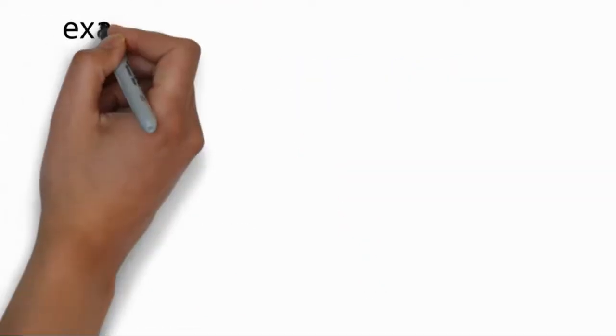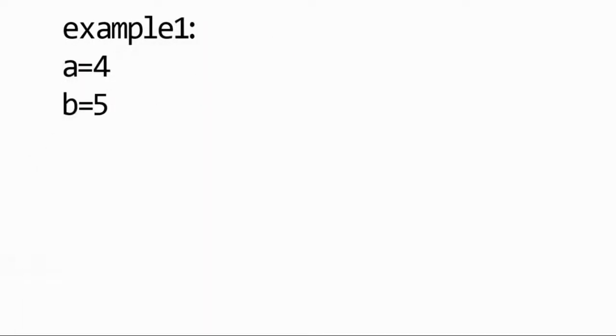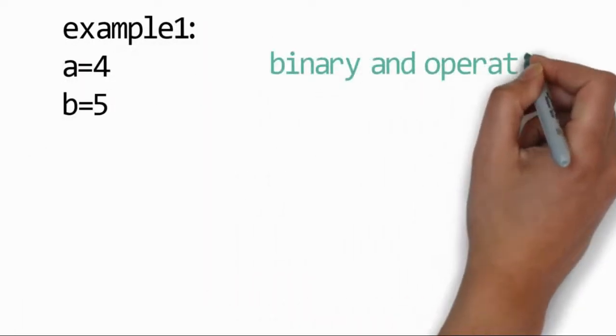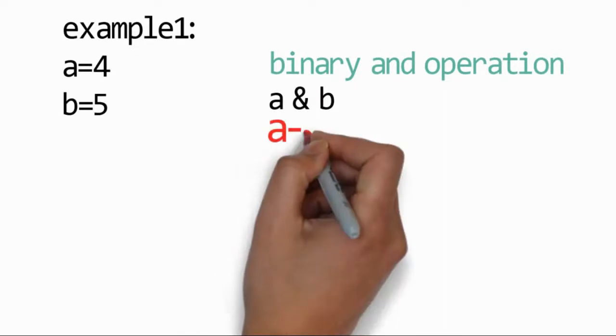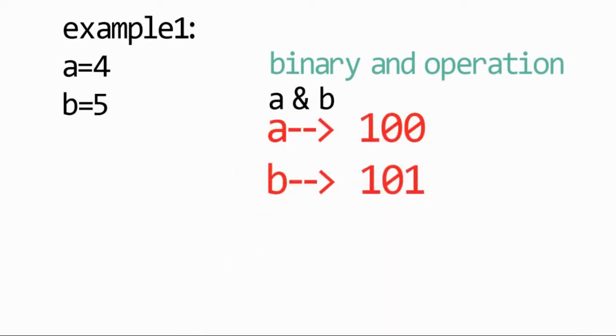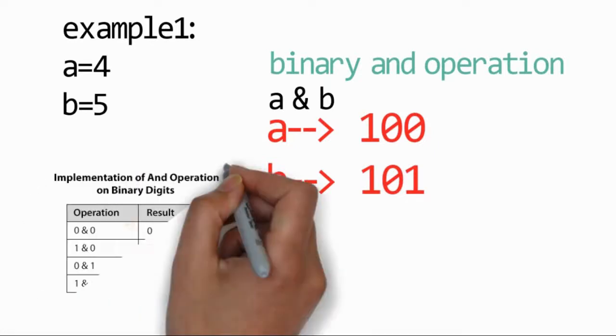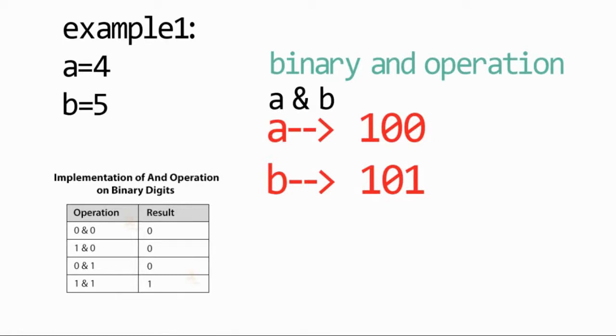Let's take an example: a equal to 4 and b equal to 5. Now we'll do the binary AND operation. The binary representation of a is 100 and b is 101. Now we want to do the AND operation with respect to bits. When it comes to AND operation, the output will be 1 only when both the inputs are 1. Except this case, in all other cases we will get output as 0.